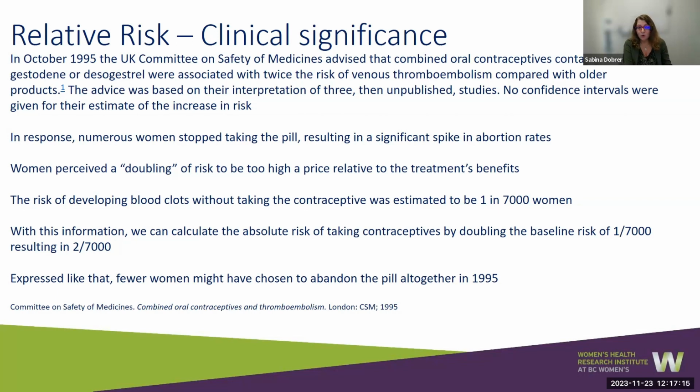They compared older and new contraceptives, and decided that the risk of thrombosis would be twice as high. The paper I took this example from said that this advice was based on three studies that were not published, and in those studies the confidence intervals were not given. So they decided to make this announcement based on something they thought was important.